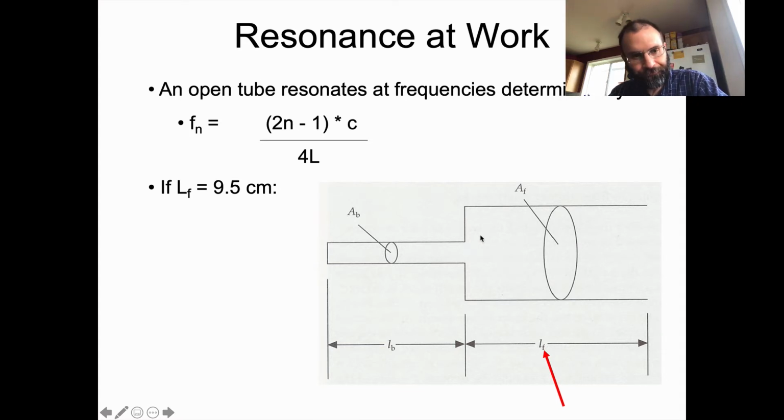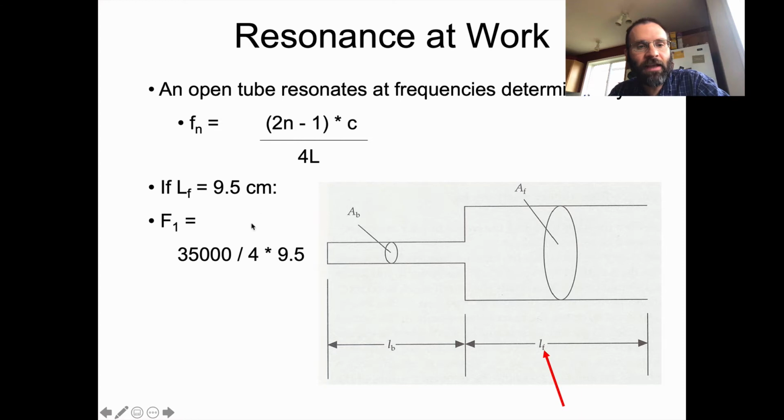So let's consider the first tube, or the front tube, first. I'm going to derive these with the default length for the whole vocal tract of 17.5 centimeters. And we'll say the front tube is a little bit longer than the back tube. So if this front tube is 9.5 centimeters long, we just have to do the math the same way we've done it before.